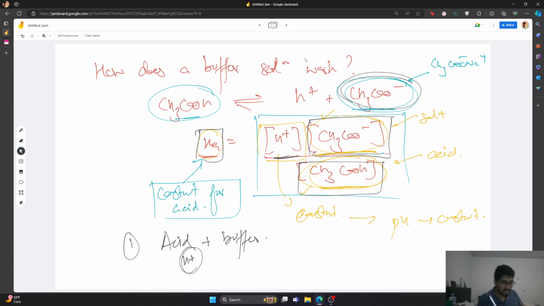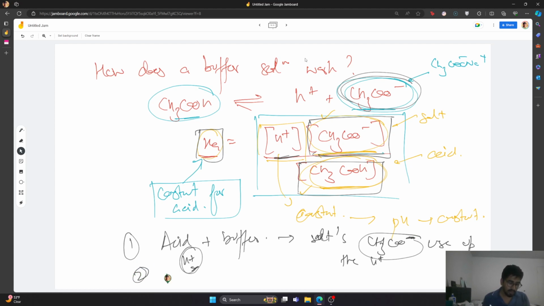So the extra H pluses that the acid is bringing, your buffer consumes. So the salt, CH3COO minus, uses up the H plus. Ignore the handwriting, but the idea is the salt is giving this part, so this uses up that extra H plus, because this needs H plus, and there is a lot of the salt inside the solution.